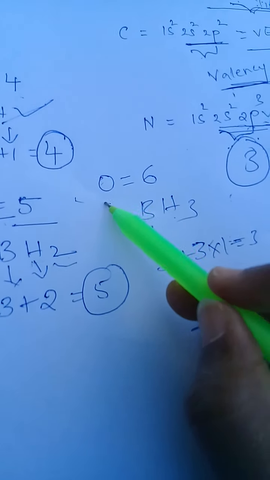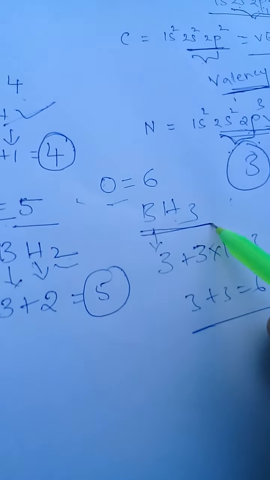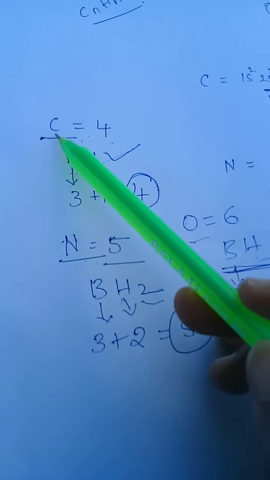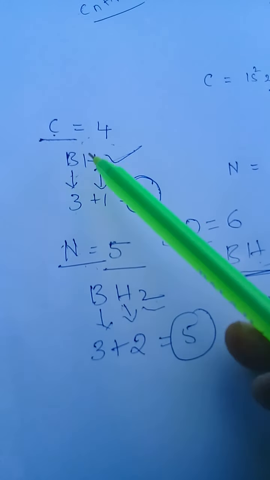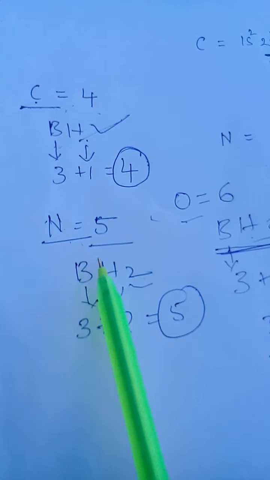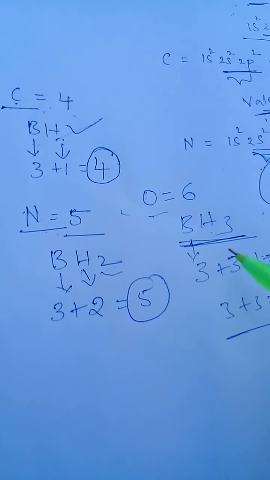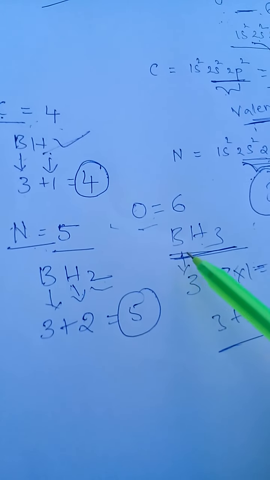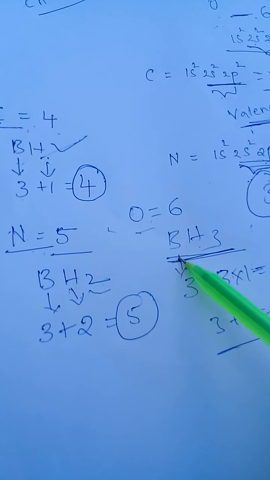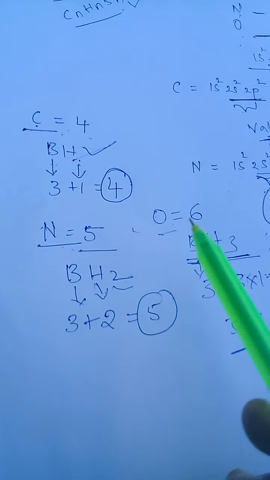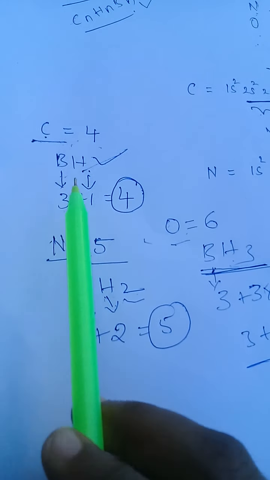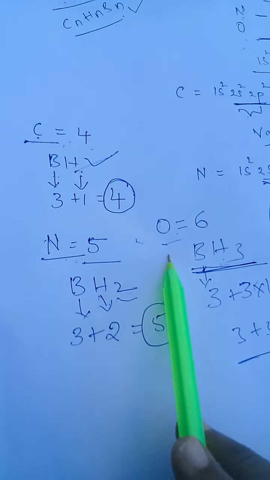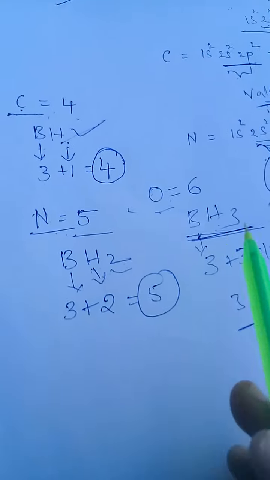So in the place of oxygen we take BH3. Carbon is replaced by BH, nitrogen by BH2, and oxygen by BH3.